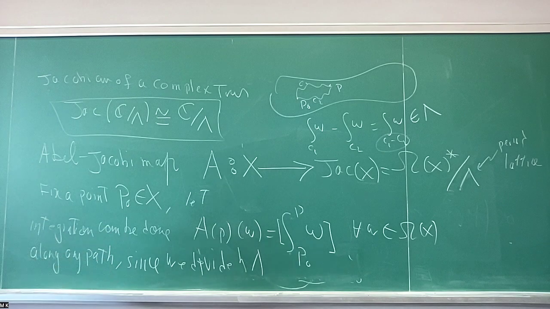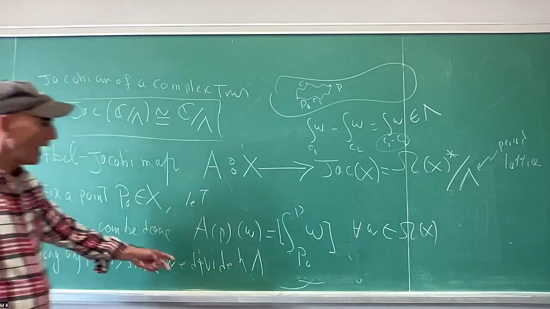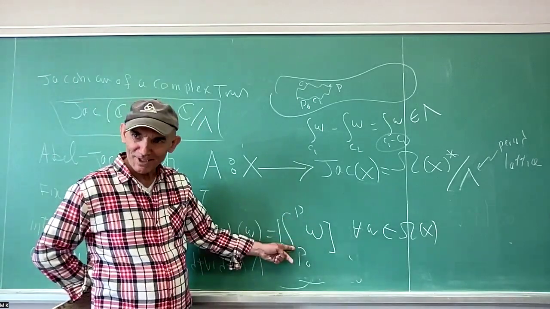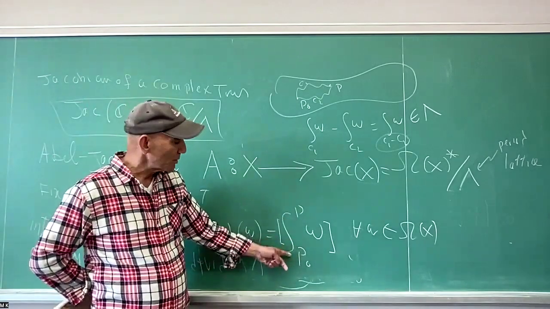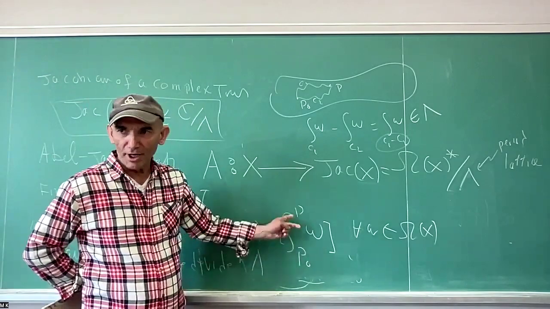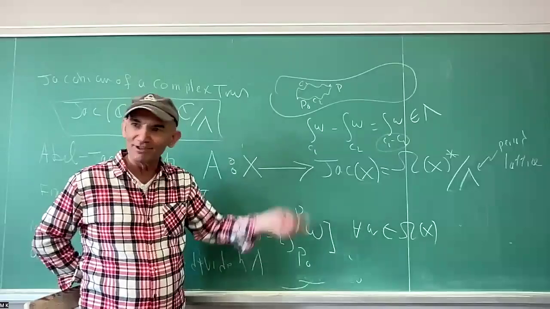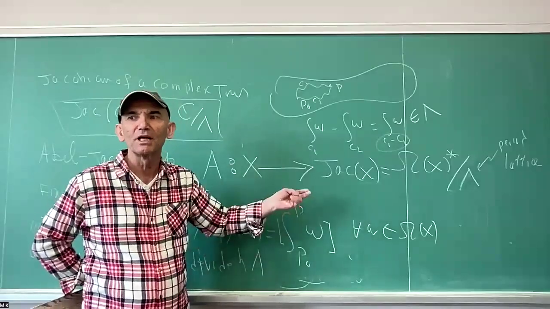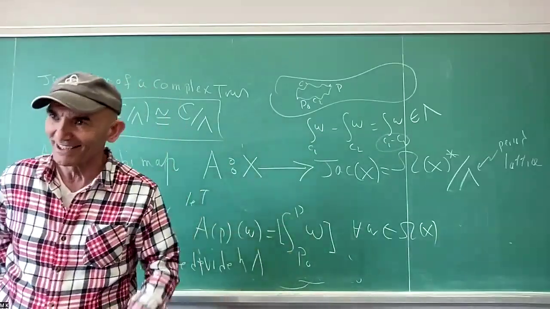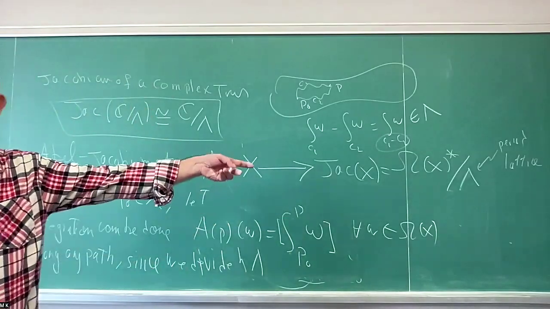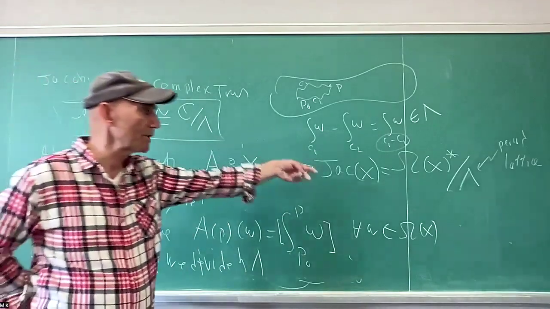Integral from P0 to P. This is what everybody writes, but it's understood that you're integrating over a curve from P0 to P. It doesn't matter which path you take, because you're dividing by the differences in the period lattice.